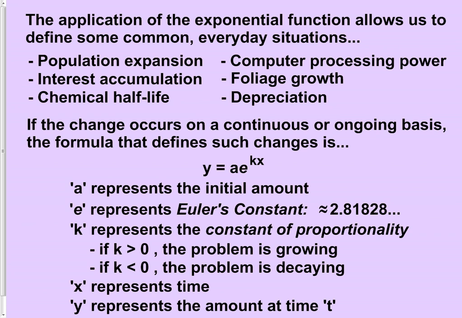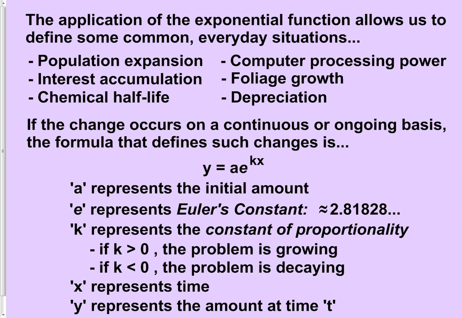K represents the constant of proportionality. This is similar to the rate of growth from the other formula that we had, but please notice that in this case, our value, rate of growth, or constant of proportionality, whatever they want to call it, is in the exponent. Okay, if it's in the exponent, then 1 is no longer the value of its equilibrium. 0 is its starting point, and then as you increase from 0, that indicates growth, and decrease from 0, that indicates decay.